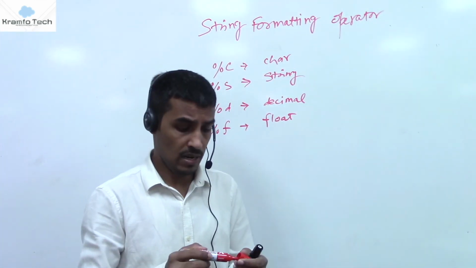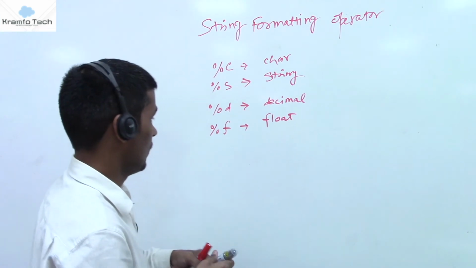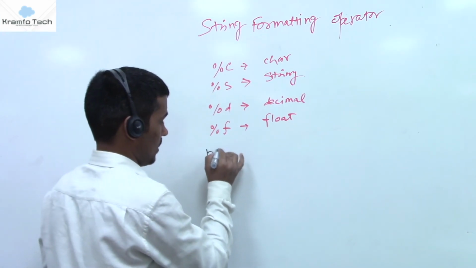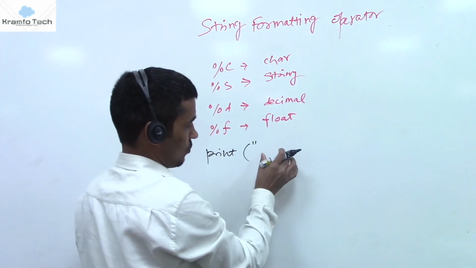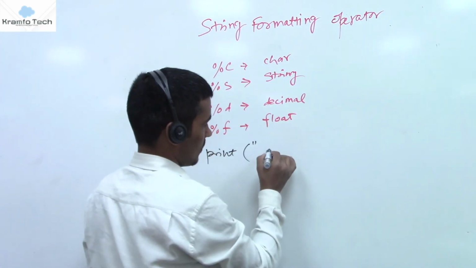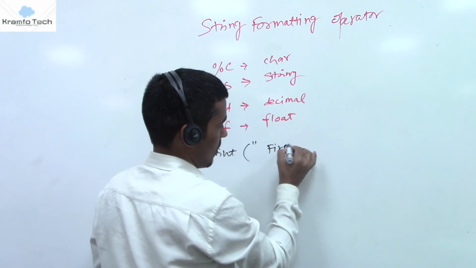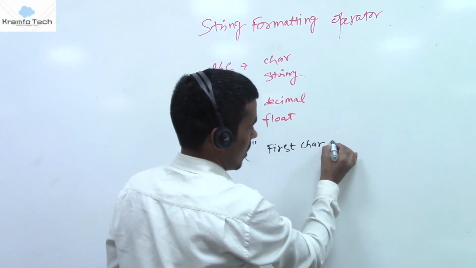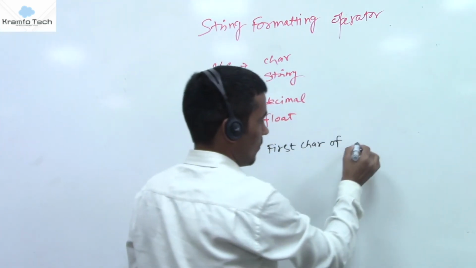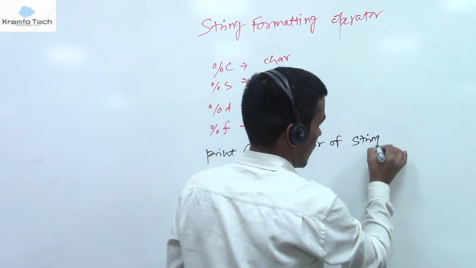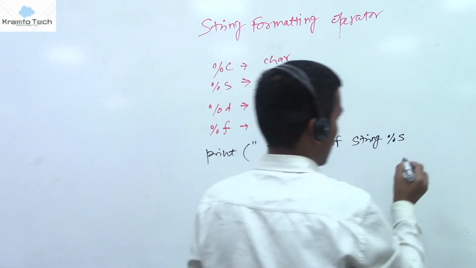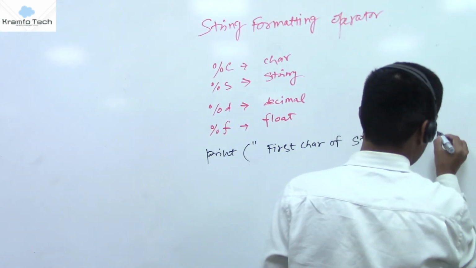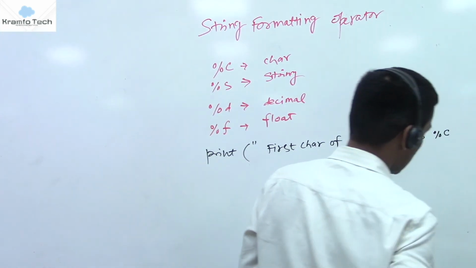Let's give one print. What I'm going to write here is: first char of string %s is %c.